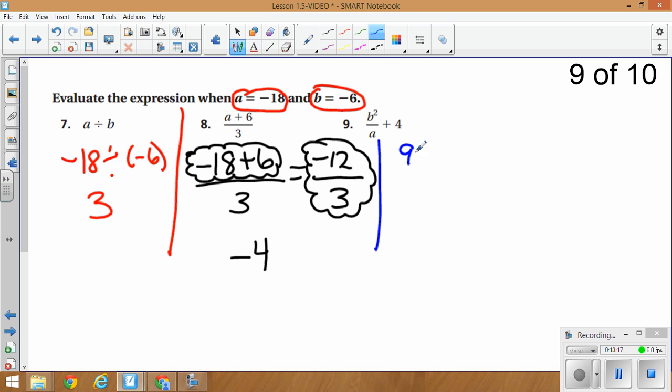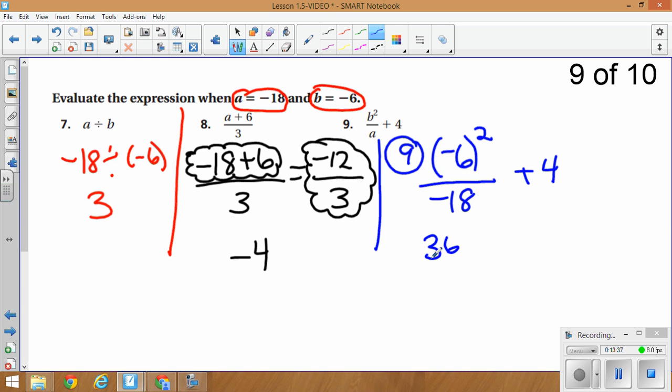Okay, and finally number 9. We're going to do negative 6 squared divided by negative 18, then plus 4. So I'm going to start with the exponents. Negative 6 times negative 6 is 36.